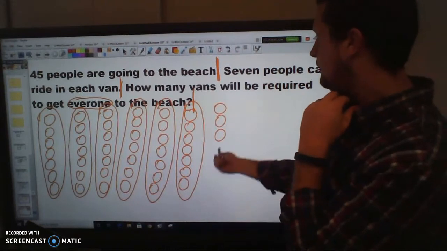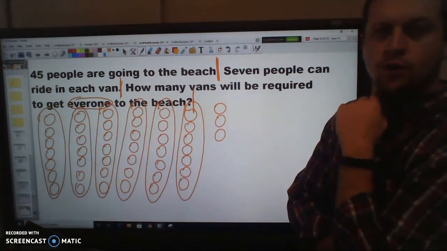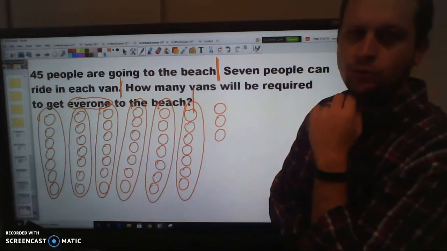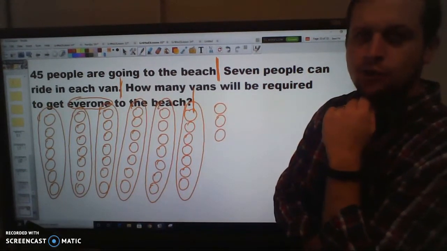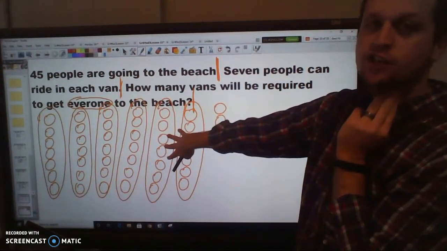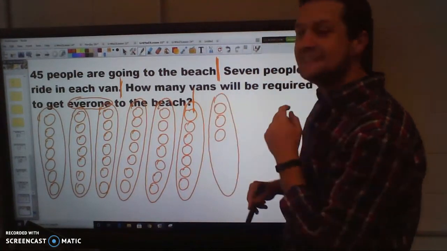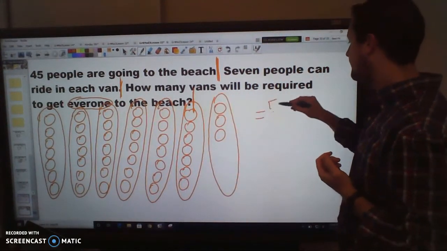So it's not like they can just hop on top of one of these, all right? Or say, never mind, you're not going to the beach, okay? So even though it filled up 6 vans, they're going to have to take 7 vans.